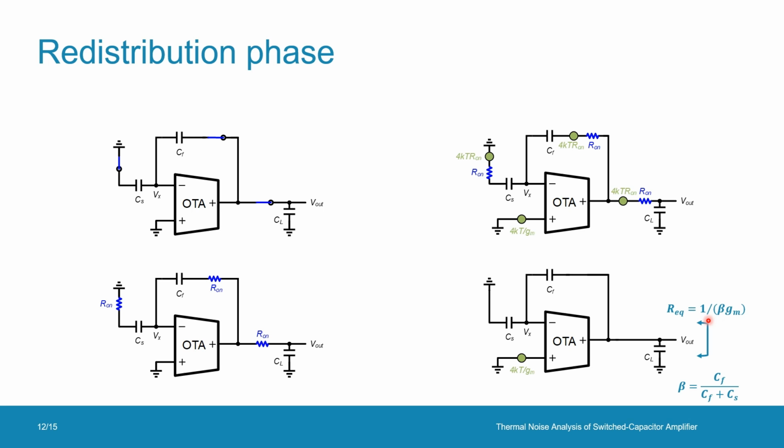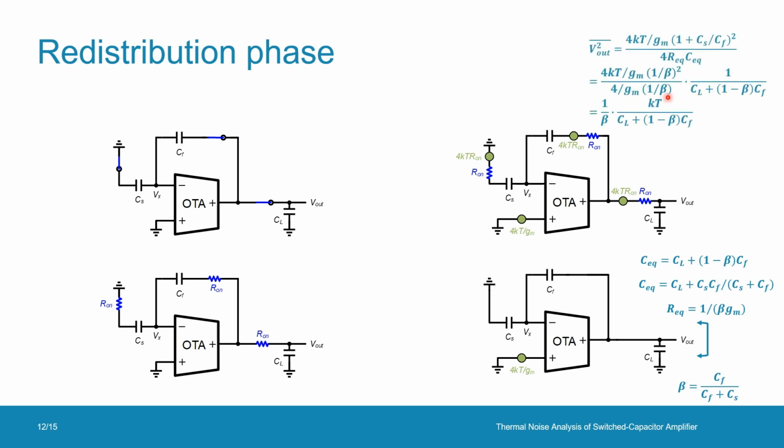Now, what about capacitance? Well, it's simply CS in series with CF and then in parallel with CL. Of course, Miller told us that we can also obtain the result as CL plus 1 minus beta CF, which is exactly the same as below.